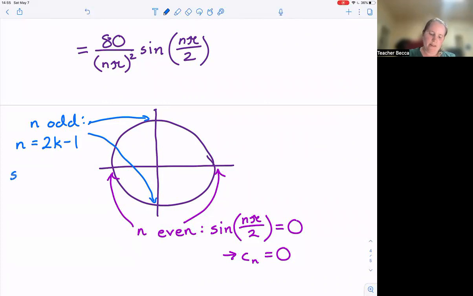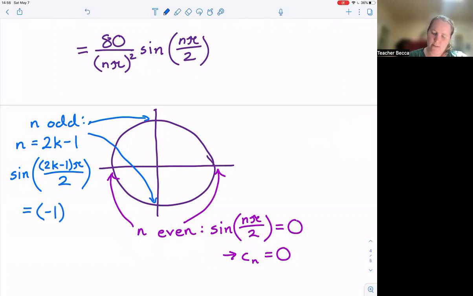Then we have sine of 2k minus 1 times pi over 2. This is going to be equal to positive 1 for k equals 1, because that will just be pi over 2. Negative 1 for k equals 2, and then it'll alternate. So this is equal to negative 1 to the k plus 1.